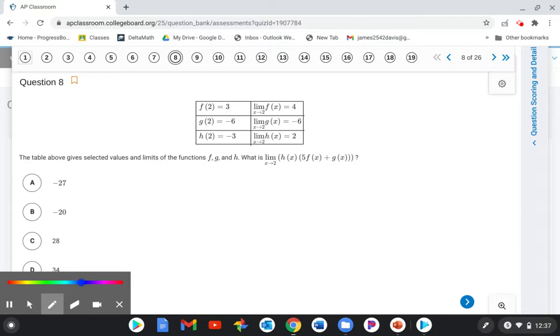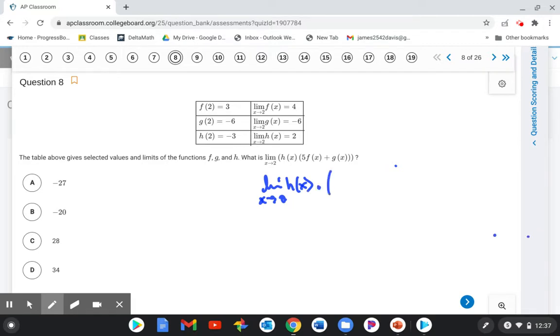So we're essentially going to look at this as the limit as x goes to 2 of h of x, and then times 5 times the limit as x goes to 2 of f of x plus limit as x goes to 2 of g of x. The only thing you really got to watch out for here in particular is your parentheses.